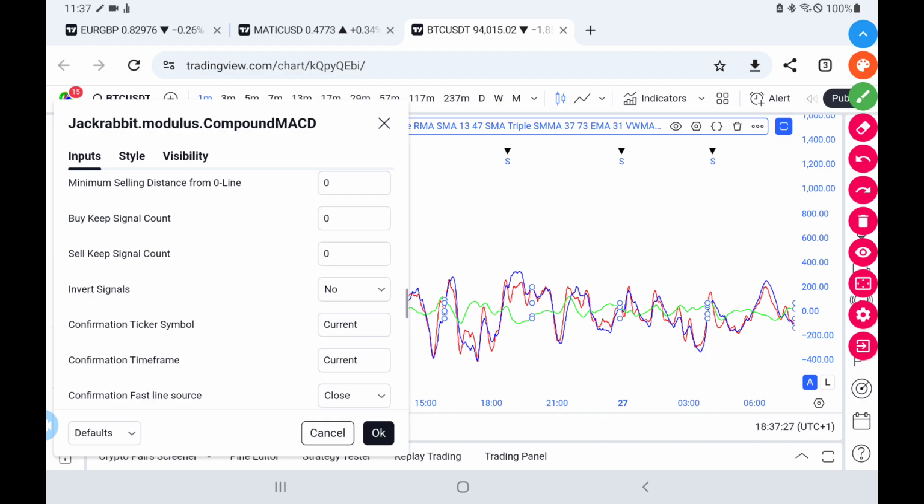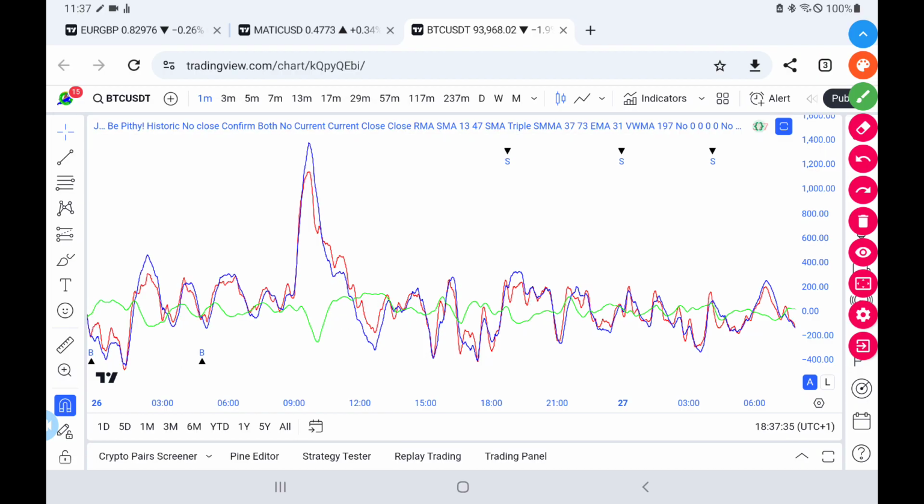And as you can see, we even have a confirmation if you want to go that route. But for now, we have a pretty good representation of what we are dealing with. So let's add the DCA module to this and see just what we come up with.